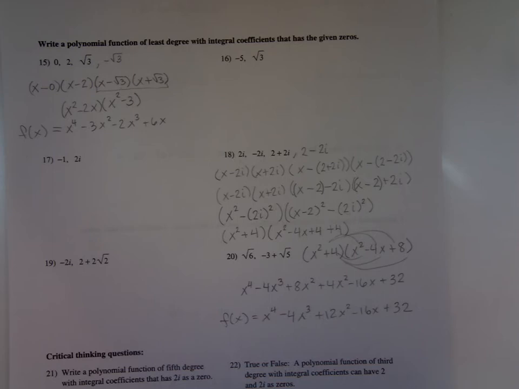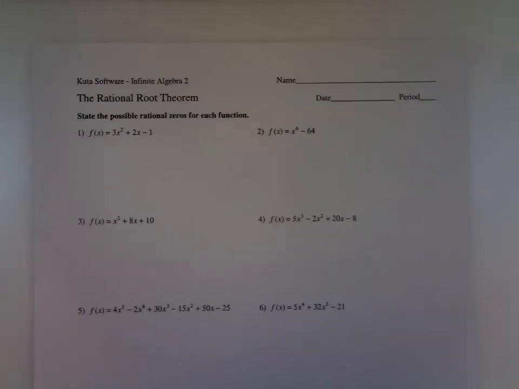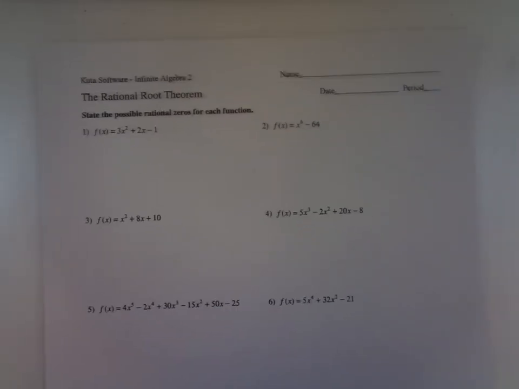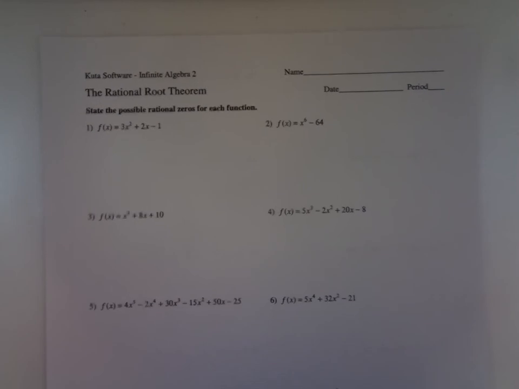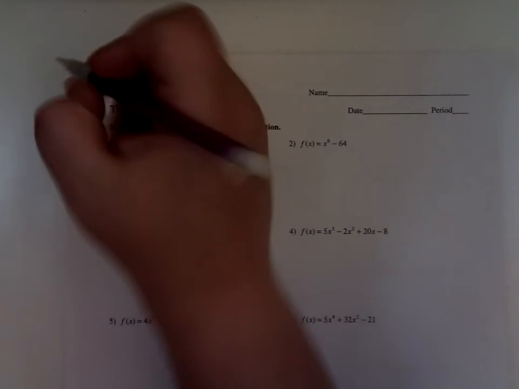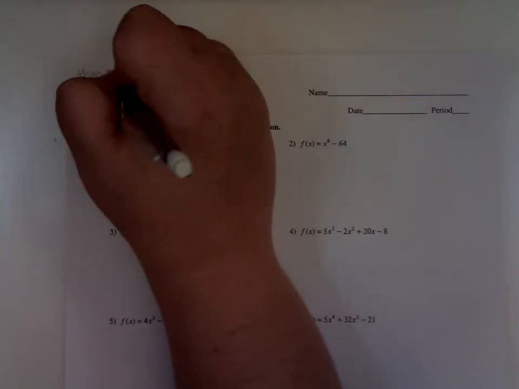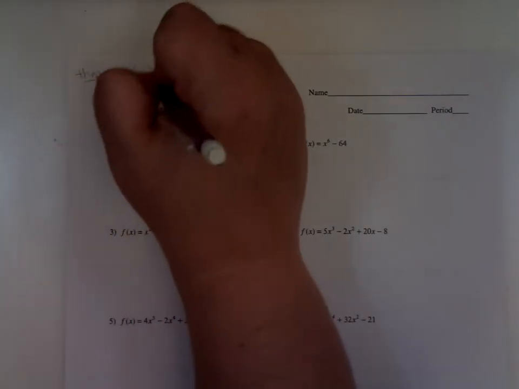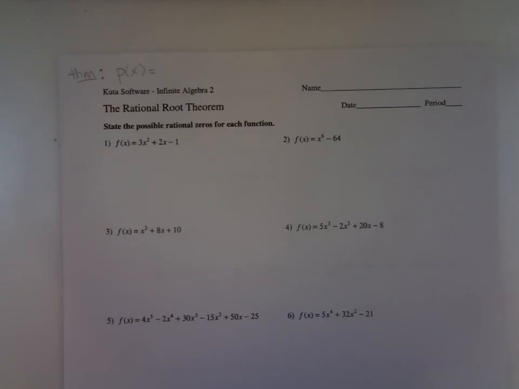And moving on. The rational root theorem. The rational root theorem says, suppose we have a polynomial p of x, and I'm going to write it from the constant term up to the highest degree.